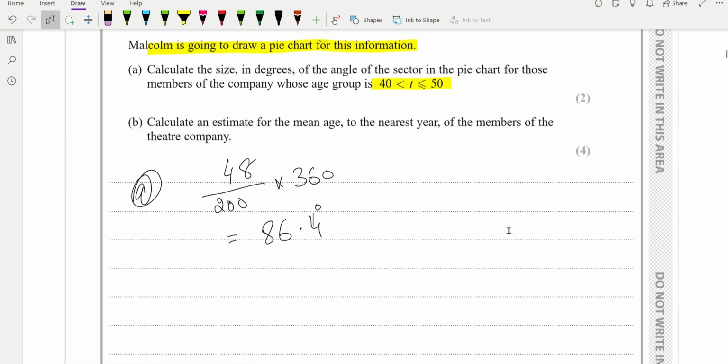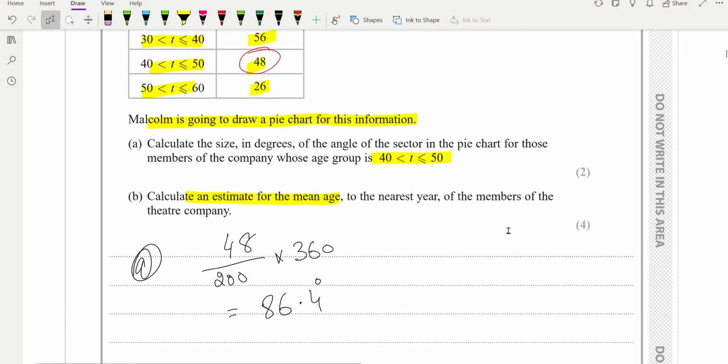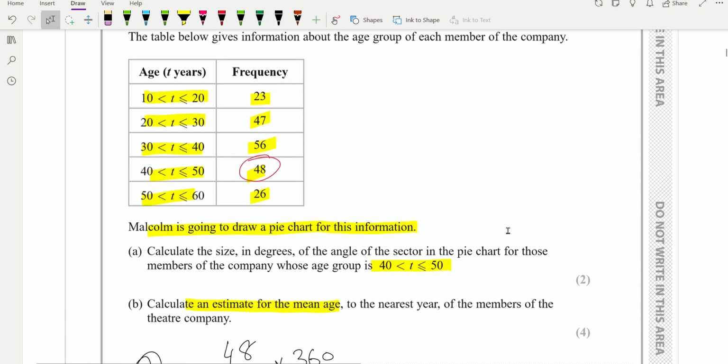Now B part: calculate an estimate for the mean age to the nearest year of the members of the company. So first of all, we will write the mid range of ages. I will add a column over here, and the mid of 10 and 20 is 15.